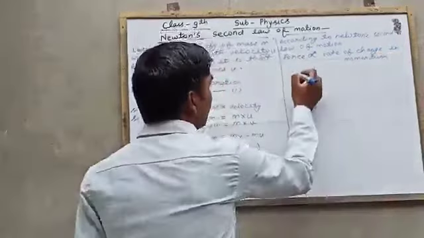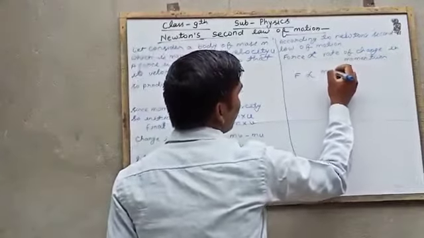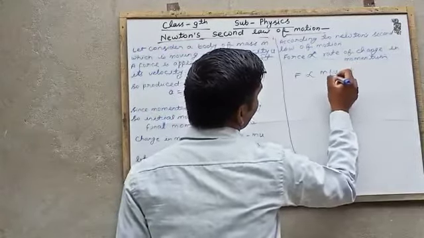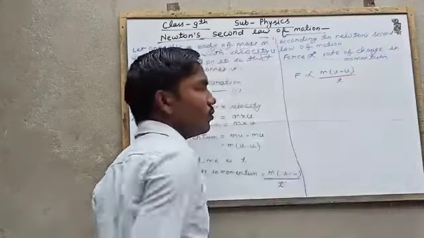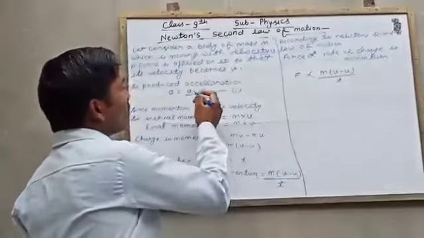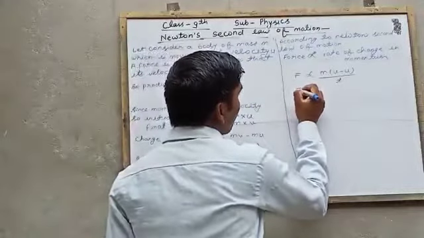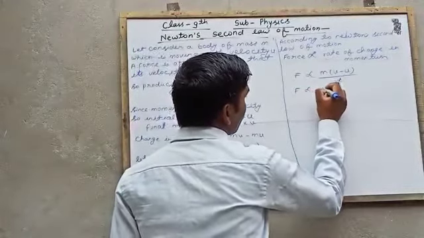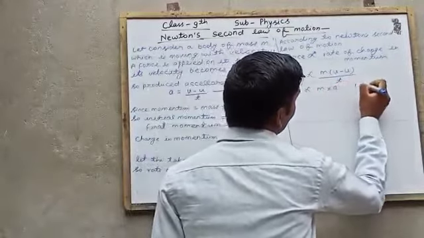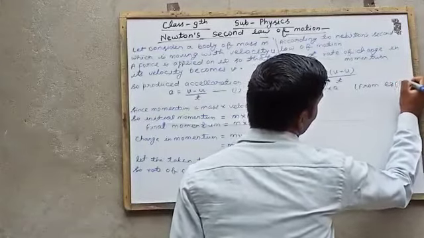Hence, F is proportional to m into v minus u upon t. From equation 1, we can put the value of v minus u upon t equal to a. So F is proportional to m into a.